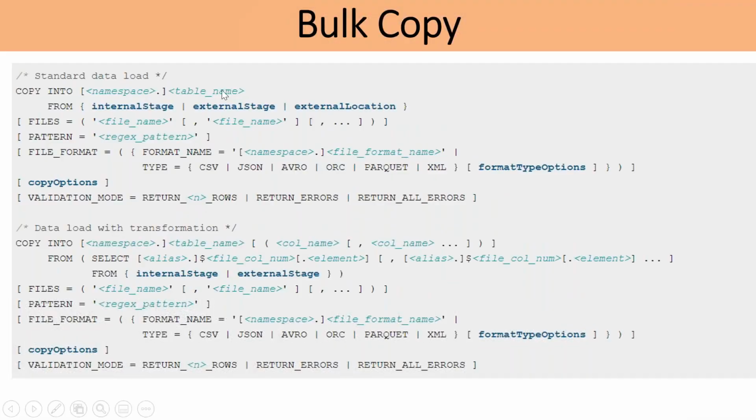Copy into table name. Namespace means the fully qualified name: database.schema.table name, from whichever stage you want. Files: you can pass many files, not one single file. And then pattern is a regular expression. That means in your directory and your stage, you can do regex and filter.